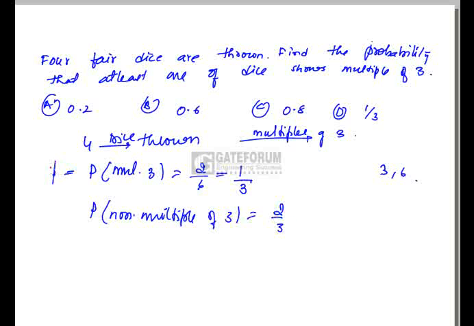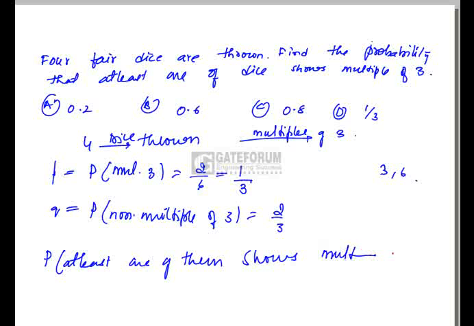Now, let this value be p, and let this value be q. We need the probability that at least one of them shows a multiple of 3. It is easy to find by 1 minus the probability of no multiples of 3.